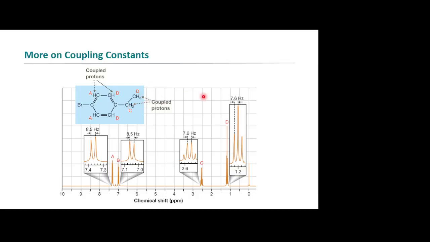And right here we have the CD set. And again, you can see here that has a 7.6, 7.6 coupling again. And so we're getting that same split. That's another thing that can actually be used. There's some really cool work that's been done. It's called 2D and 3D NMR.